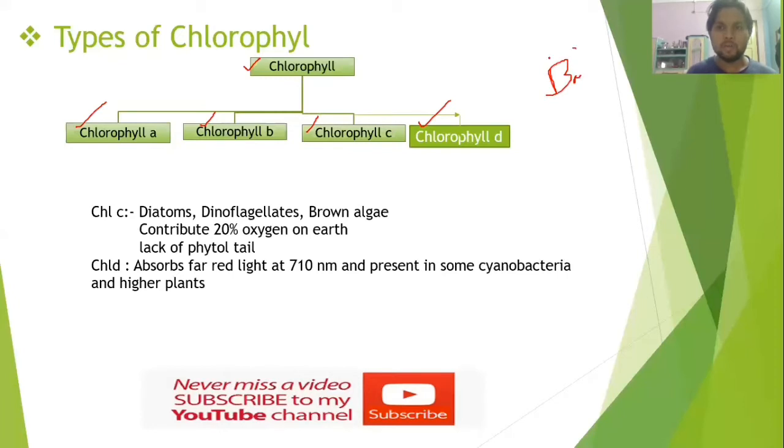We'll discuss bacteriochlorophyll later in some other video, so we will not diverge from our main topic. So in plant chlorophyll, we have chlorophyll A, B, C, and D. Chlorophyll A and B we will discuss after a few minutes. Now see chlorophyll C and chlorophyll D. Okay, one more thing.